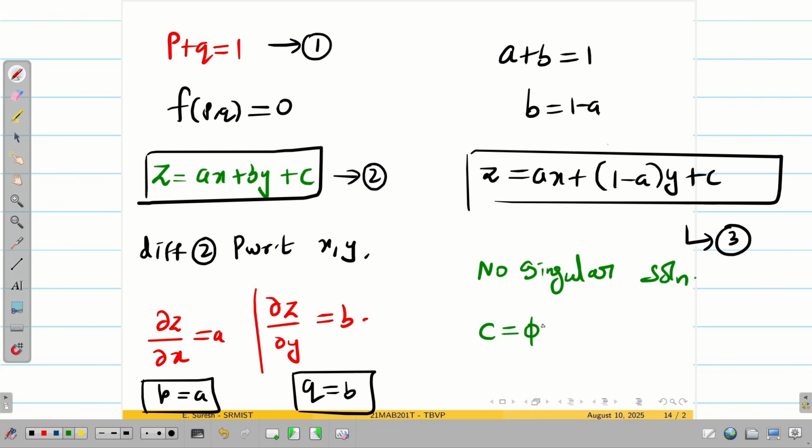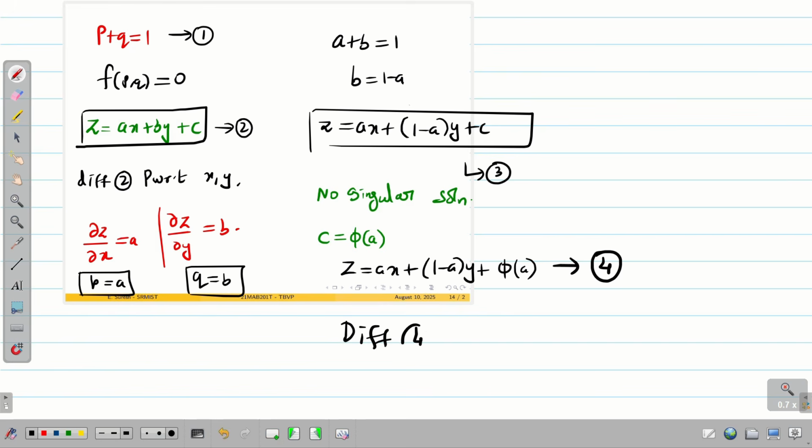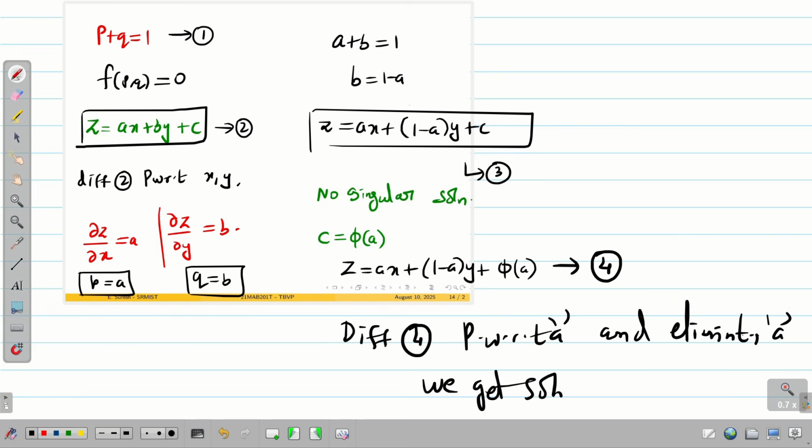Let us put c equal to phi of a in 3. We get z equal to ax plus 1 minus a into y plus phi of a. Now we take this as equation 4. Mention: differentiate 4 partially with respect to a, and then eliminating a, we get the general solution. You can write like this. This is more than enough.